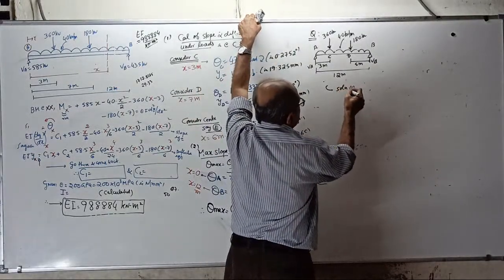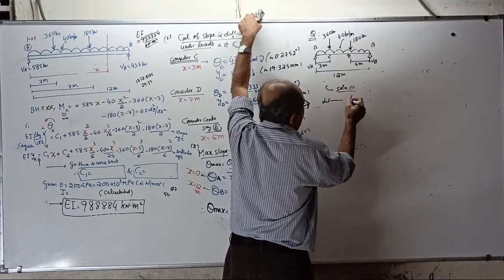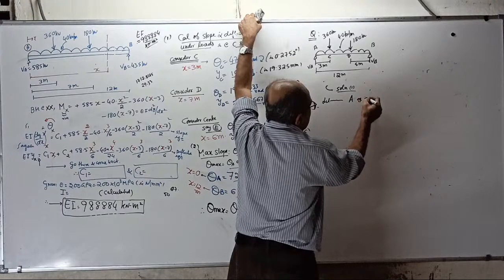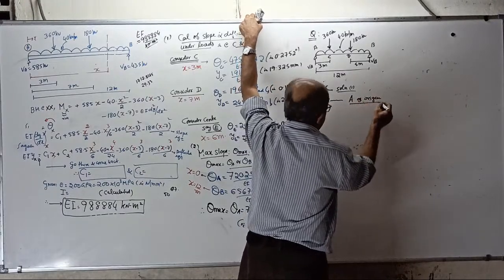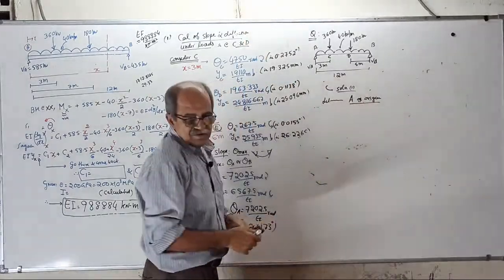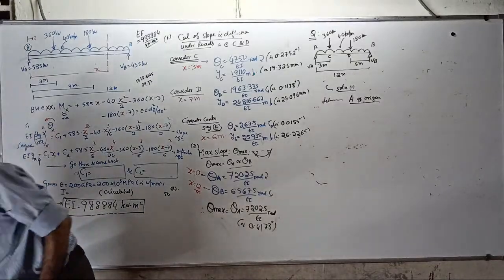Right here, let us consider A as origin. Remember, I want red color for origin as usual, because origin is always red color.